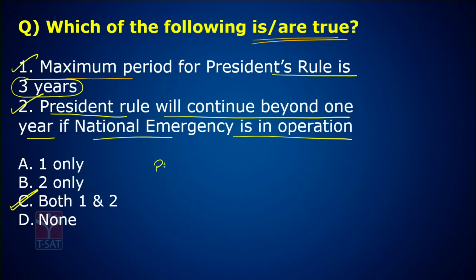When president rule is imposed in any state, the maximum it can be continued is up to 3 years.